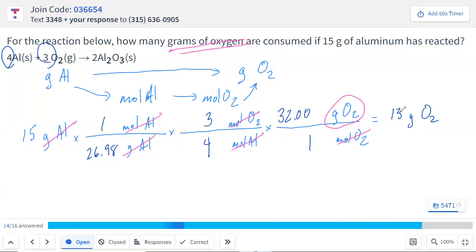So one thing that we have to remember is that oxygen, hydrogen, nitrogen, fluorine, chlorine, bromine, those diatomic substances, their molar masses are going to be double their atomic masses because they're molecular.